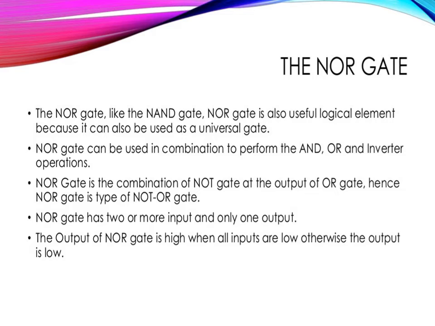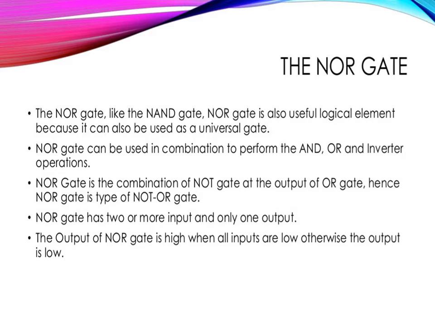Next, move on to the NOR gate. NOR gate is nothing but NOT OR gate or inverted OR gate. This means an OR gate is always followed by a NOT gate to give NOR gate.